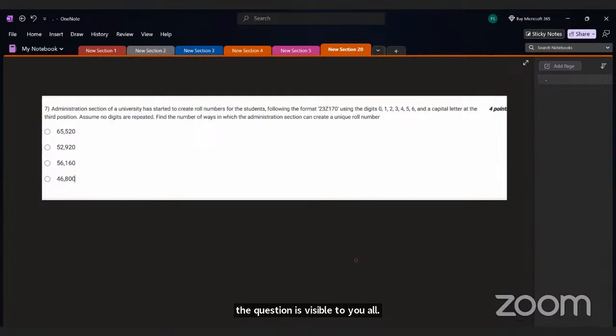Yeah, a roll number can start with 0. Roll numbers and passwords can start with 0 in most cases. When you are asked to form digits, there is a constraint that it should not start with 0. Like if you are asked to create a 4-digit number, it can't start with 0, otherwise it will become a 3-digit number.